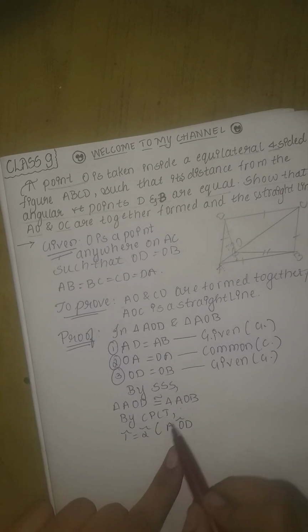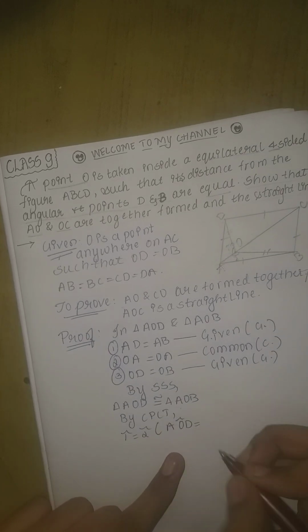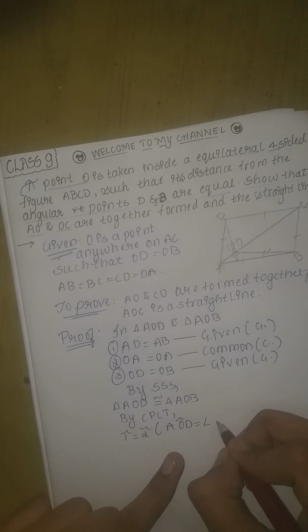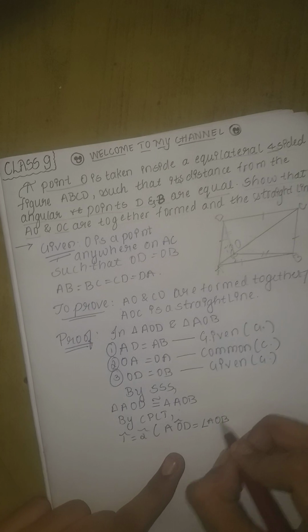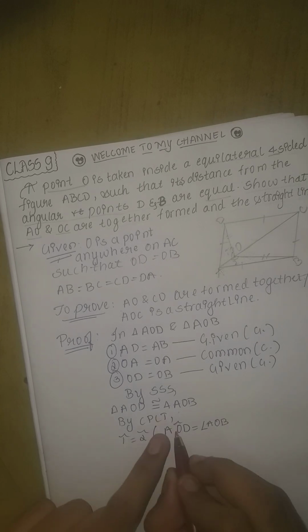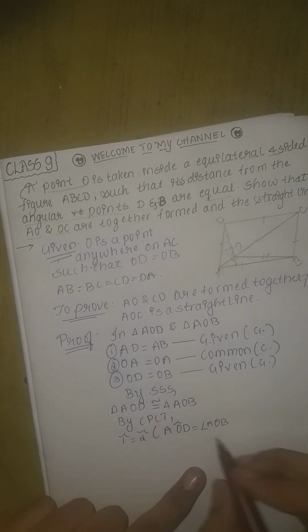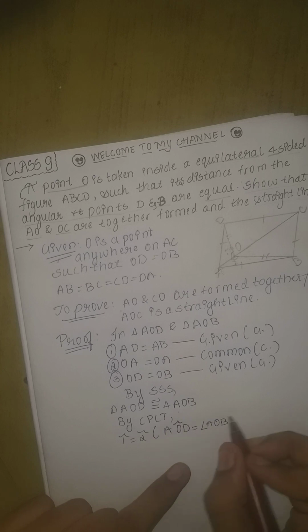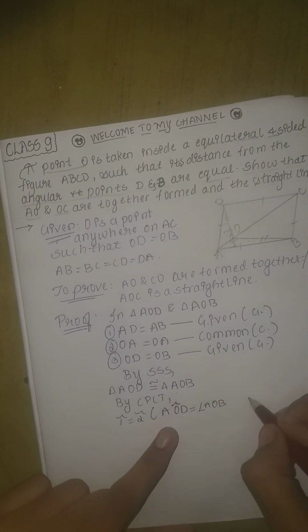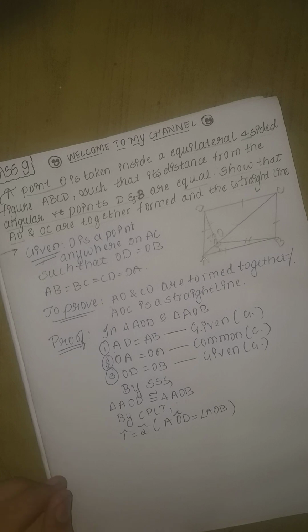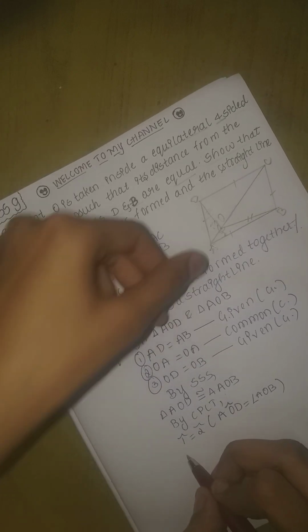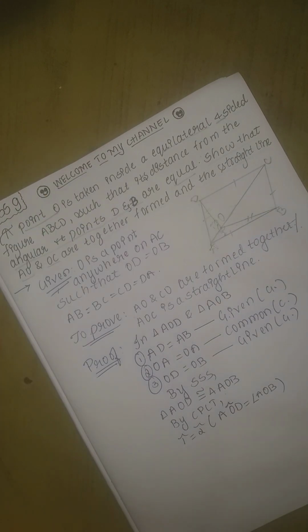Sometimes we write this, or sometimes I will show that also. We will write like this, and then AOB. This also shows it is an angle. I will be using this because I'm convenient with this. Okay, done. And now let's come to the next part.